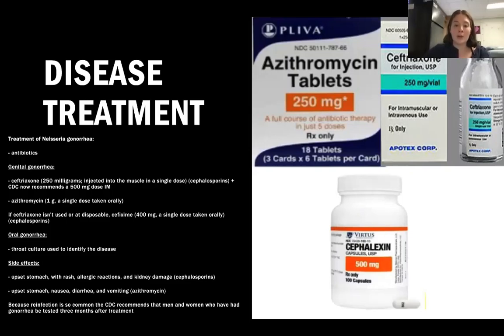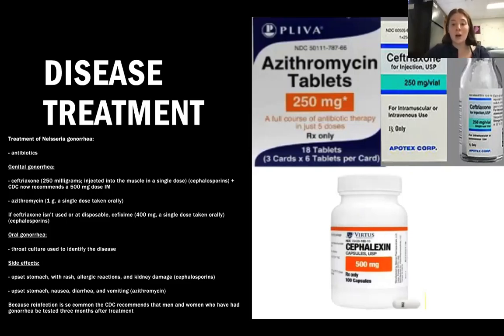For oral gonorrhea, a throat culture is used to identify the disease. The side effects for these treatments are upset stomach, rash, allergic reaction, and kidney damage for the cephalosporin drug category. For erythromycin, the side effects include upset stomach, nausea, diarrhea, and vomiting.